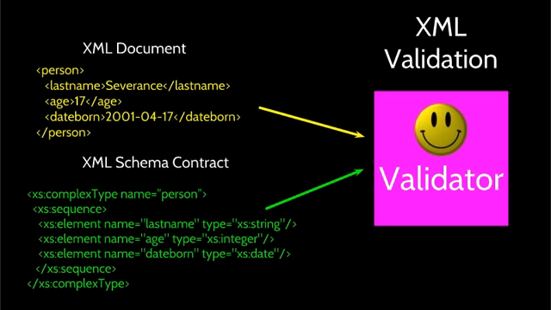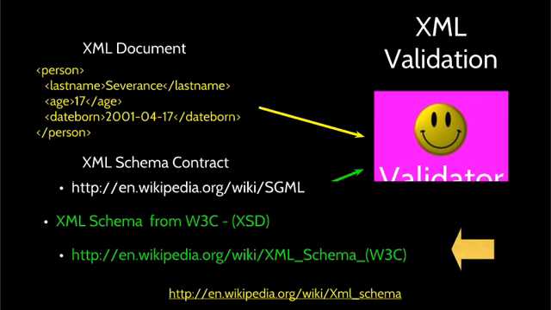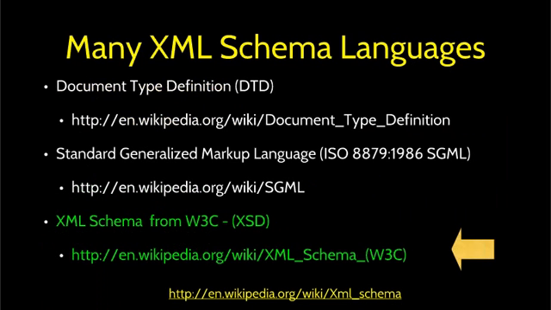So you can see that this is the schema contract: this is a complex data type, and then there has to be an element here whose type is string, and so on. Because this does not tell clearly whether 17 is a number or a string.